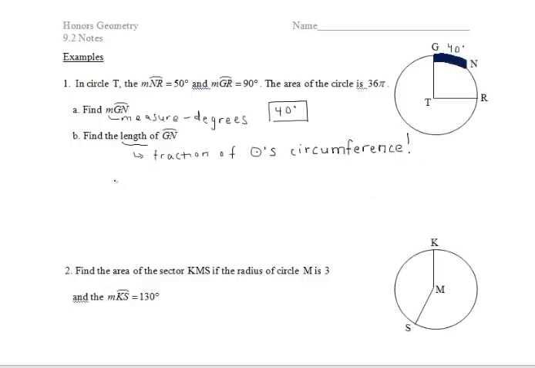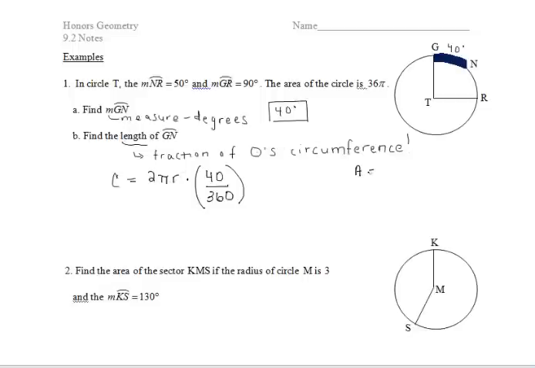How do we find the circle's circumference? We find the circumference of the entire circle by doing 2 times pi times r. But we only care about finding this fractional piece, 40 degrees out of 360 degrees total, since every circle occupies 360 degrees.